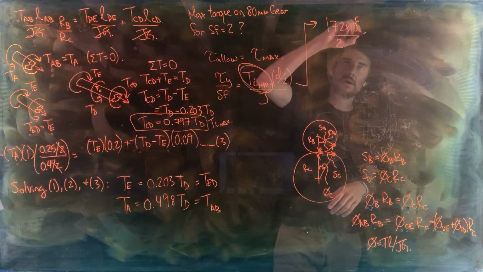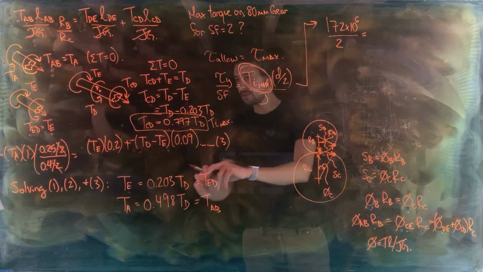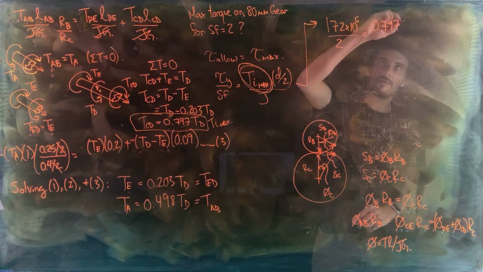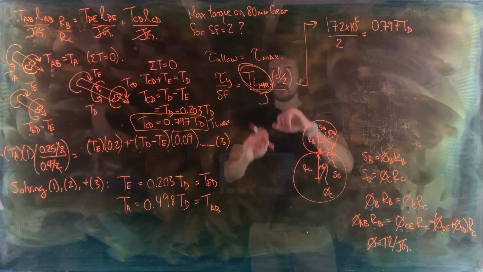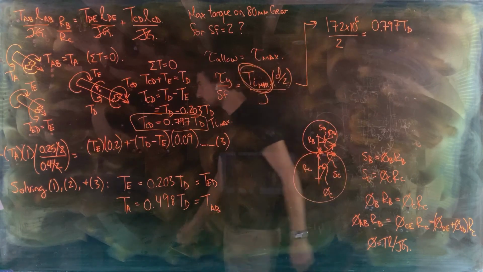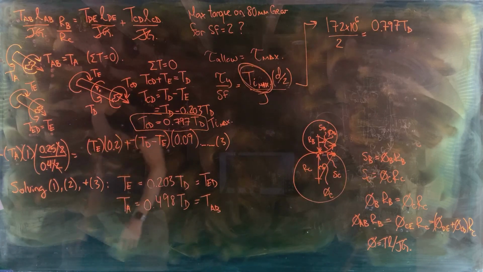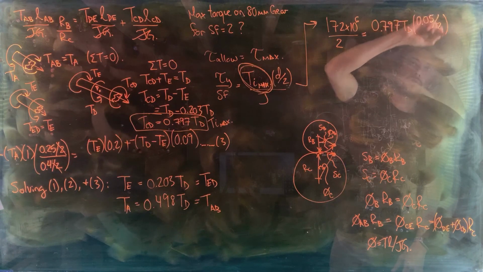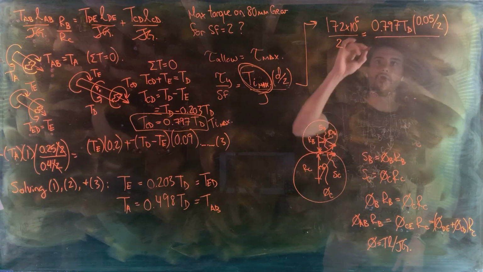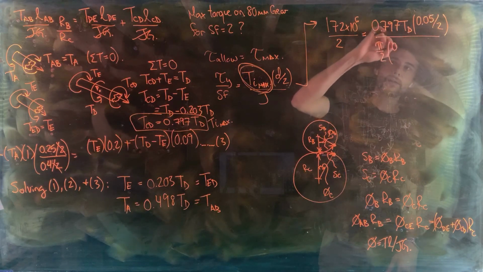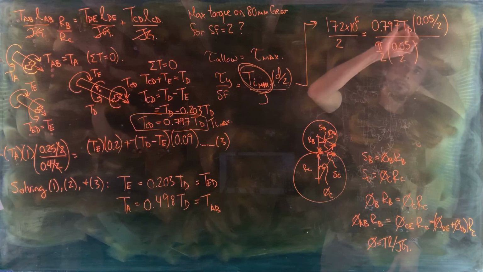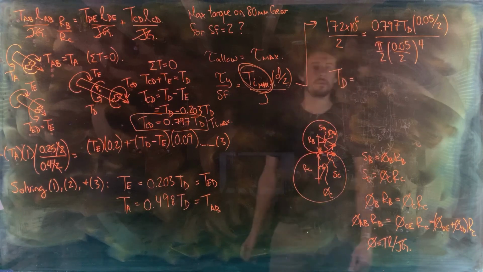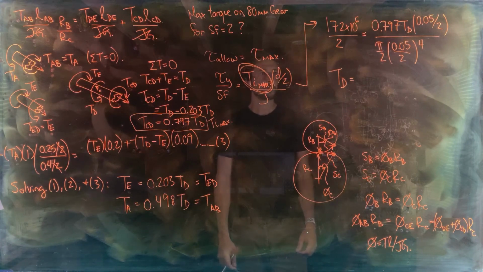Safety factor of 2 equals our maximum internal torque, which is 0.797 TD, times our diameter divided by 2. The shafts were 50 millimeters in diameter. So 0.05 divided by 2, divided by J, pi over 2 radius to the 4th power. Okay. And then out of that comes TD.